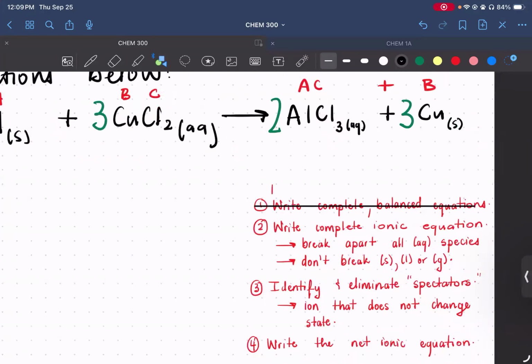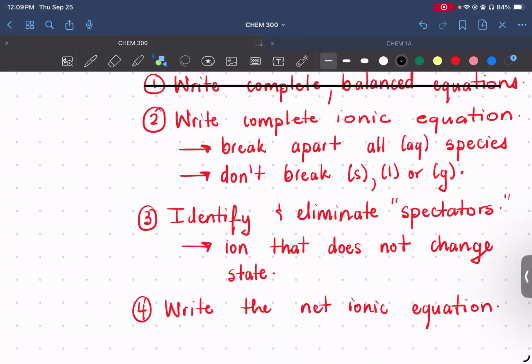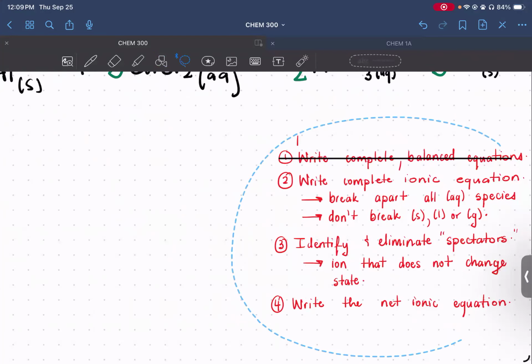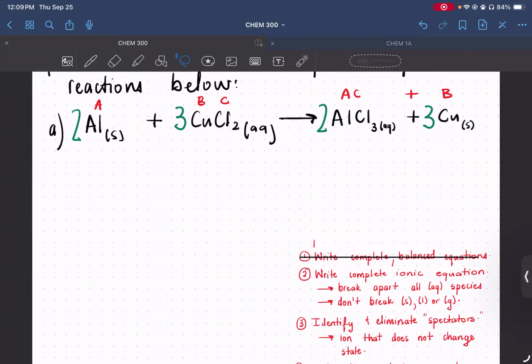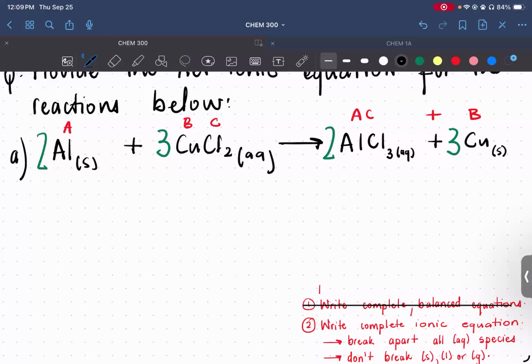Next, it says to write the complete ionic equation. We are going to break up all aqueous species. We will ignore solids, liquids, or gases. So here's what that looks like. Let me just label it, the complete ionic equation. From left to right, we start with aluminum.